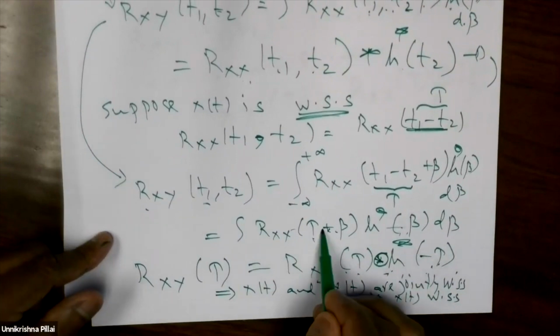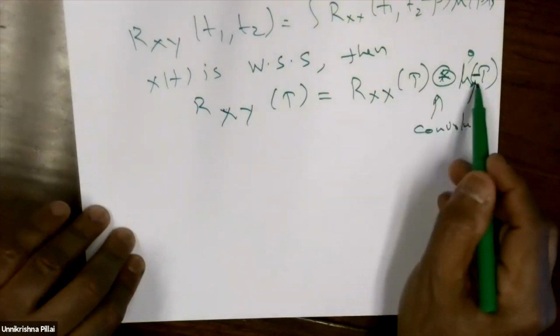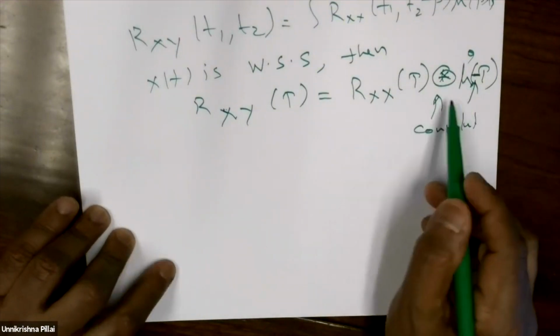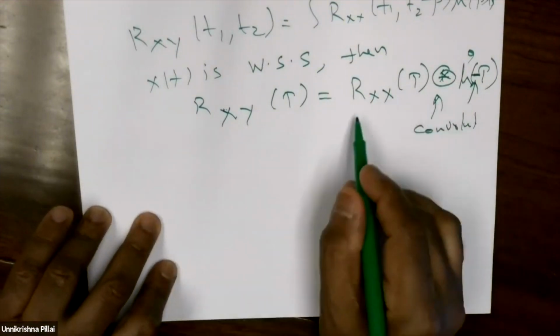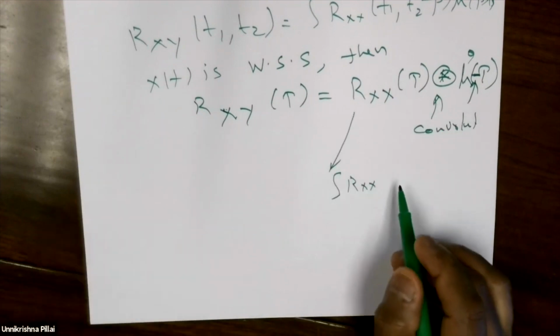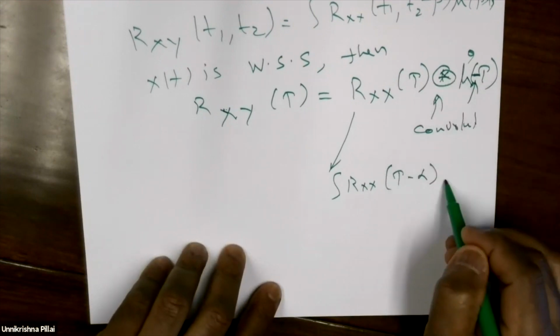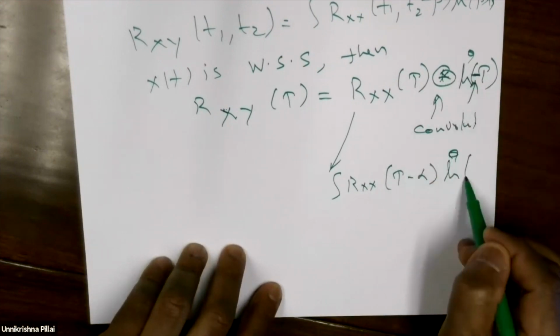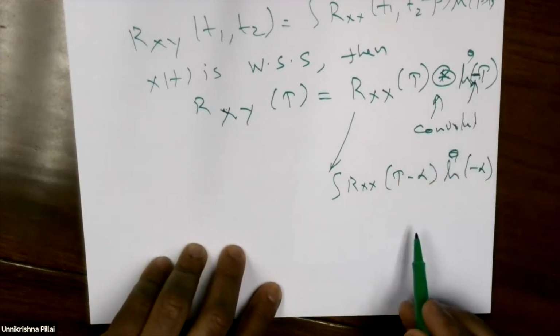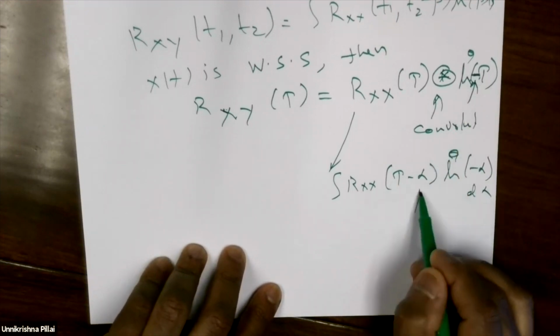Because this is plus. So if you convolve these two functions, let's just convolve it if you are not convinced. So how do you convolve this here? This will be Rxx(tau minus alpha) multiplied by h star of minus alpha, because there is a minus one here, d alpha. Now you change minus alpha to beta.